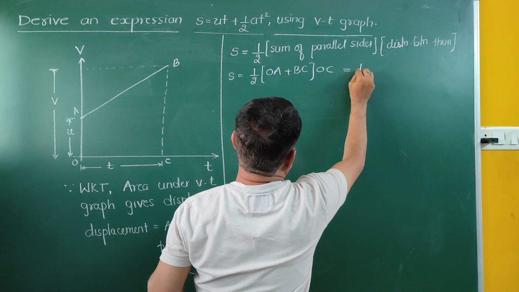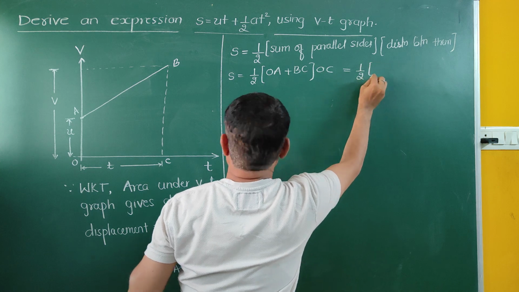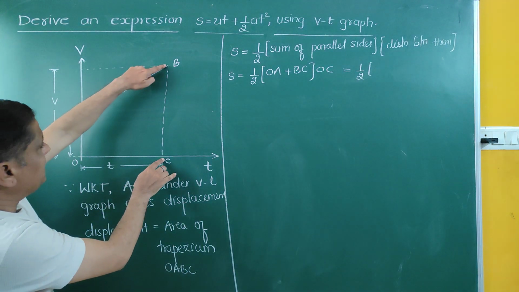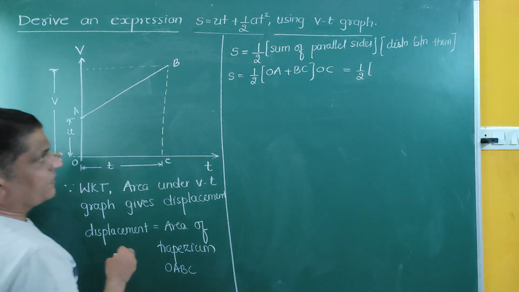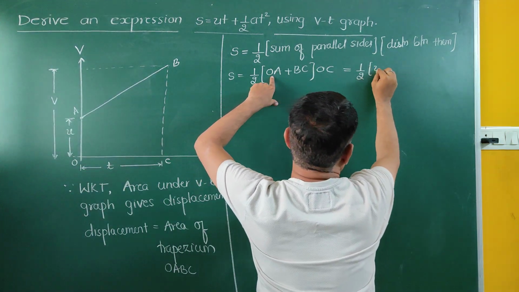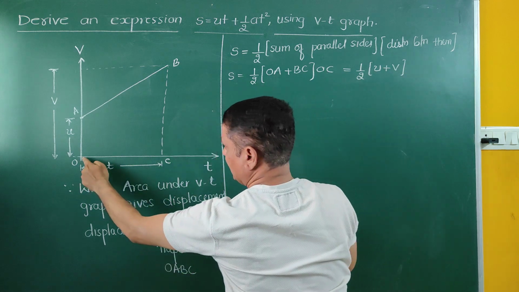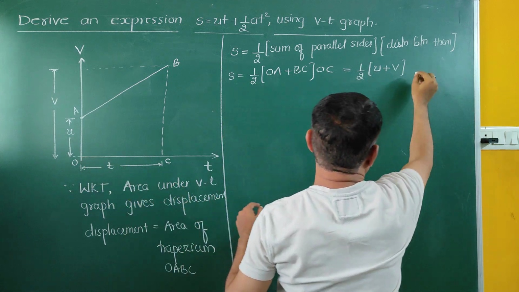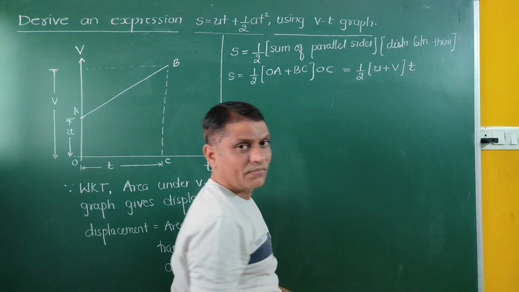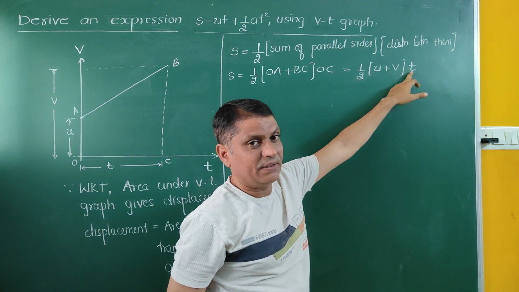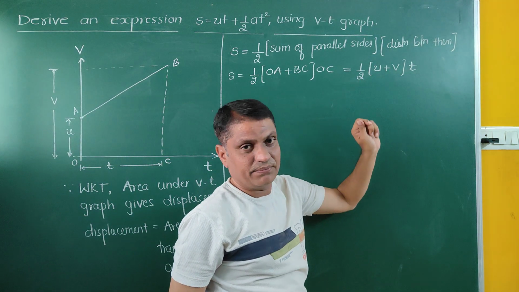This is equal to half into, OA means U, BC means V, therefore U plus V. Here OC means T. So I got S equal to half U plus V in brackets, into T.